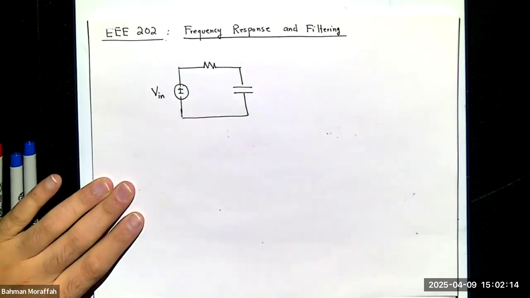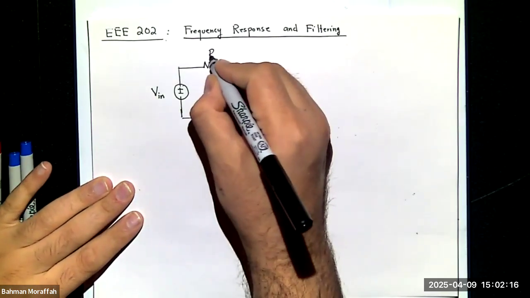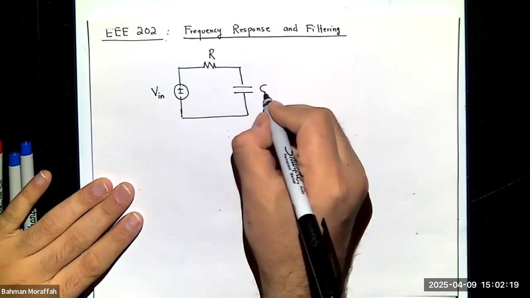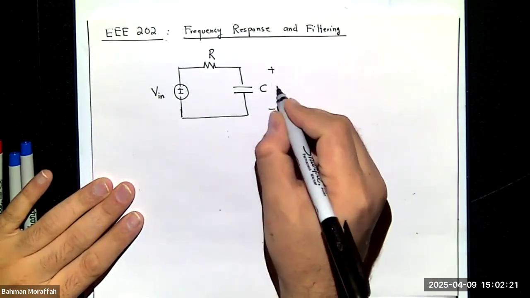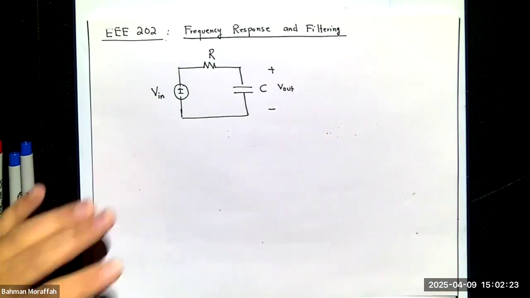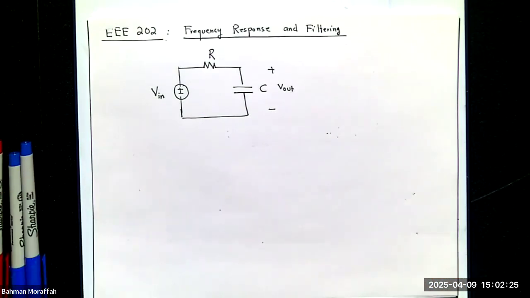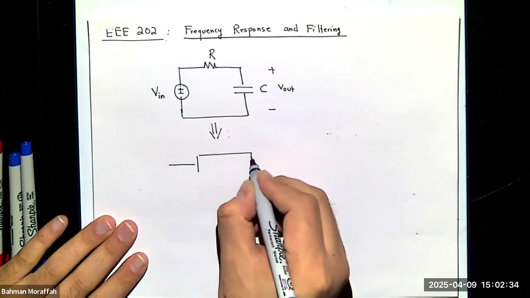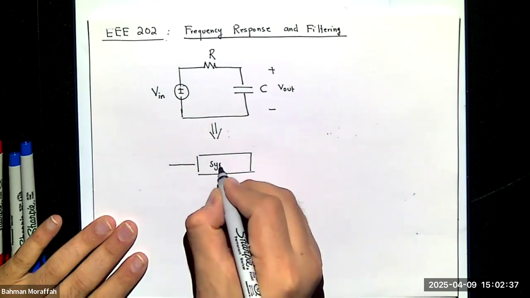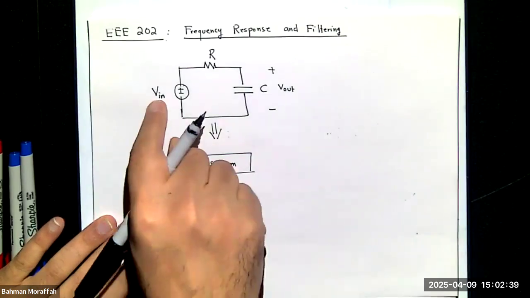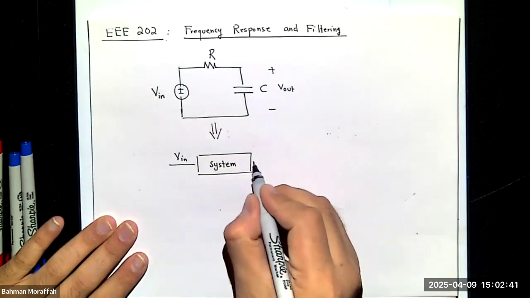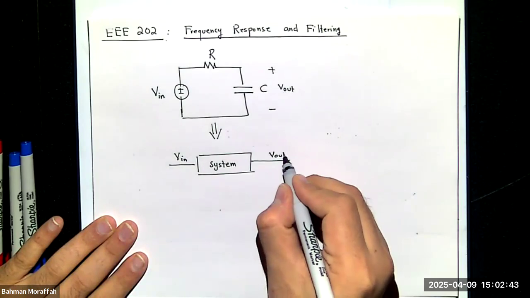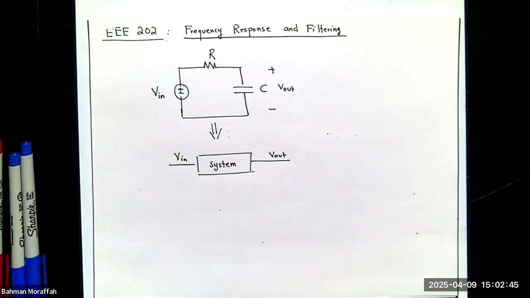We have some input voltage V in, we have some resistor R, and we have a capacitor C. And let's just say voltage across this capacitor is my output, right? Instead of looking at the circuit as this circuit, we can think about it as a system, with input V in and the output V out, right?